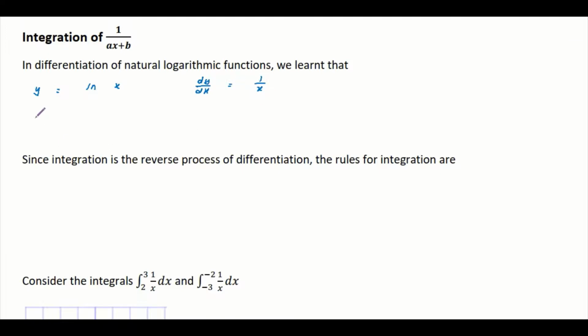The same thing, if your x is no longer x but a function, when you do dy dx, what will you get? You will need to differentiate your function, then it will become your numerator, and you divide by your f x. Okay, since the integration is the reverse process, it's the same thing.